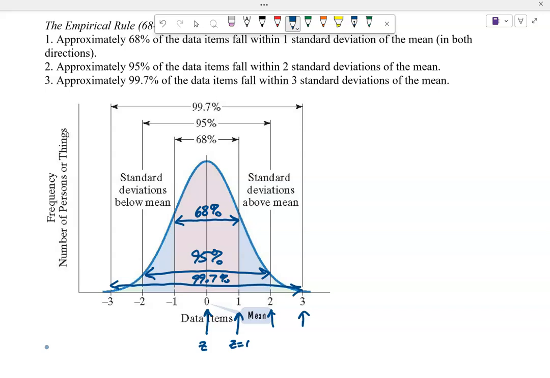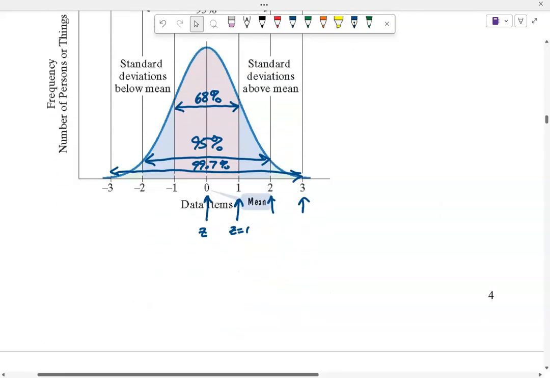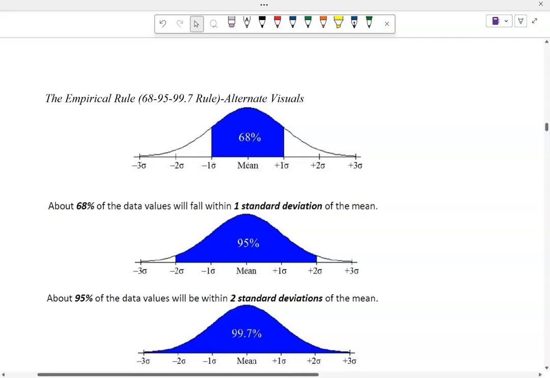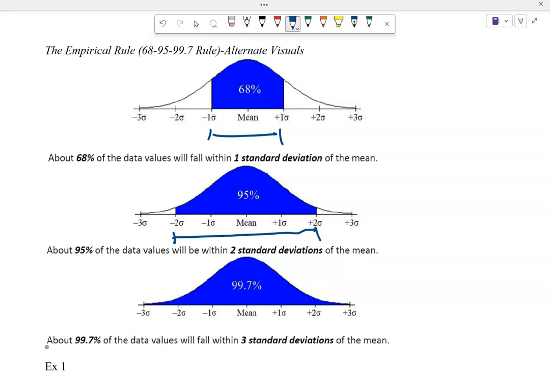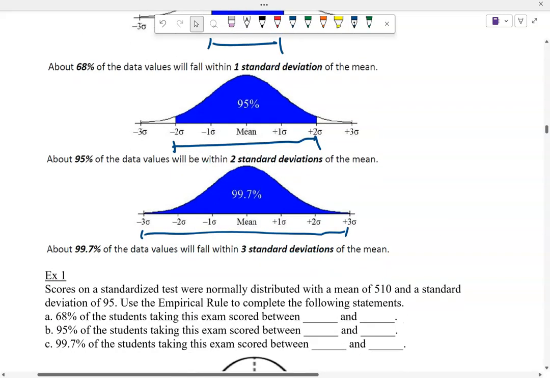Now remember, 100% of the data, or 100% of the students, is all below that, right? So it's almost taking care of everybody, but not quite. So here's just another look at those colored out, right? So 68% is within 1 standard deviation, 95% within 2, almost everybody, but not quite, 99.7% within 3.